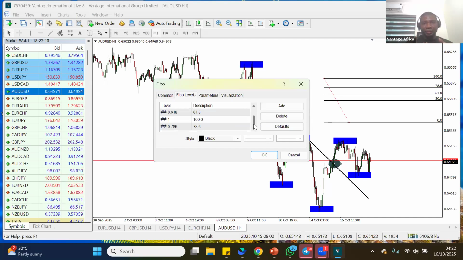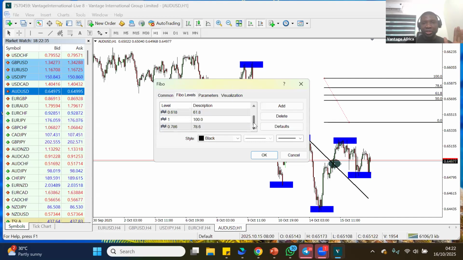So what you want to do is edit this Fibonacci, and the only ones you're going to leave here are the 0 level, the 50 level, the 61.8 level, the 100 level, and then you can add another level, and that level will be 78.6.